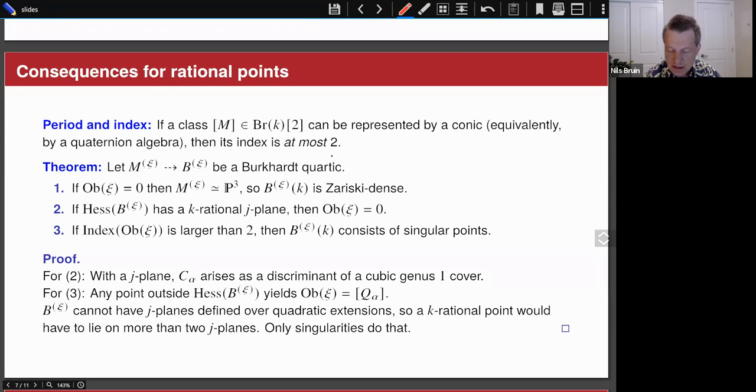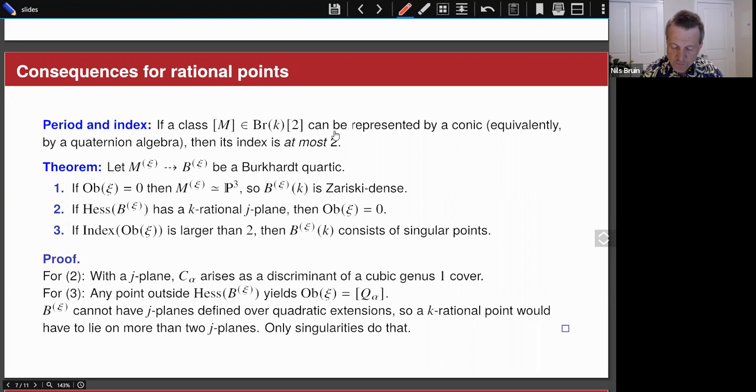So its index is 1 or 2. But it's not necessarily the case that any two-torsion element in the Brauer group in fact has index 2. It can have a larger index as well. And that has interesting consequences.